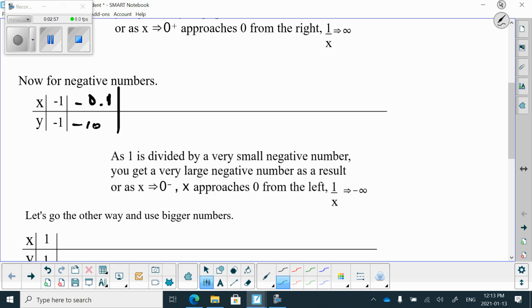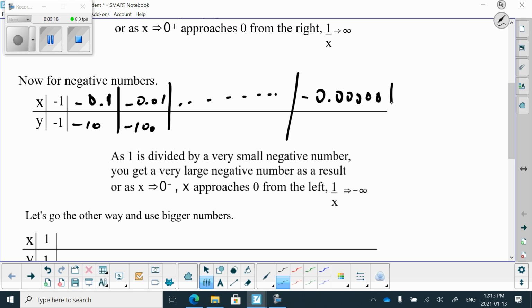And the pattern stays the same. So if I go negative 0.01, that's going to be negative 100. So we got the point. So instead of doing what I did before, let's go to negative 0.00001, same amount of zeros, probably 5 then, which gives us negative 100,000. You got it.